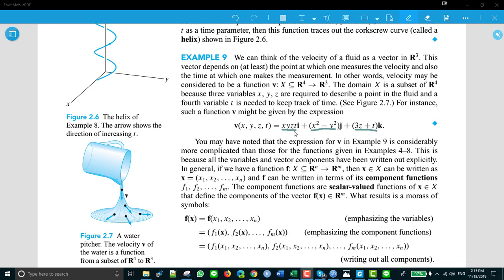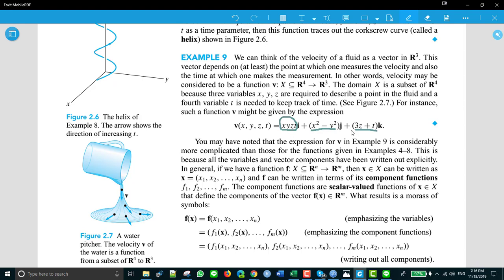So this is one of them, and we could give this a name. Now, this one here, we mean not including the I, not including the J, not including the K. So just the variables that relate to the input: x, y, z, t here, x squared minus y squared here, and 3z plus t here.